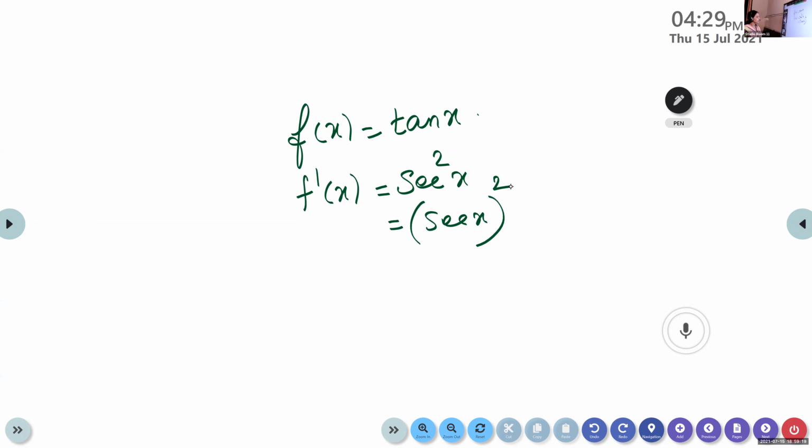So will it be positive or negative? A square function is always positive. Therefore, f of x is increasing in the interval 0 to pi by 2.